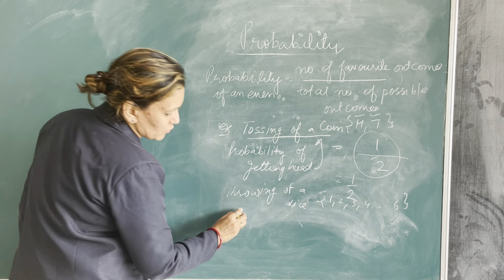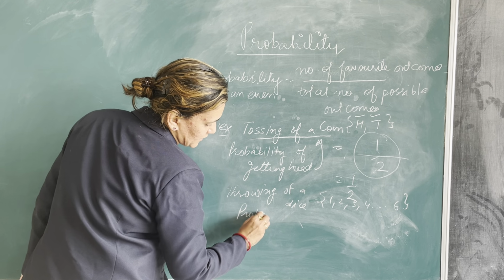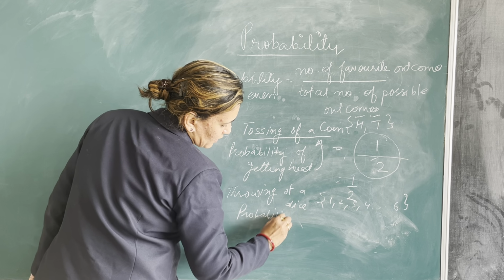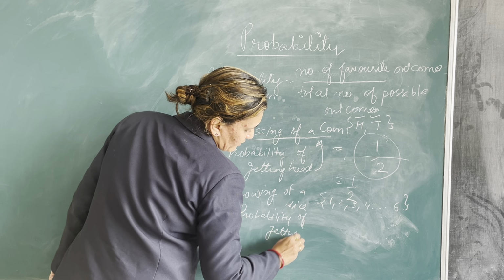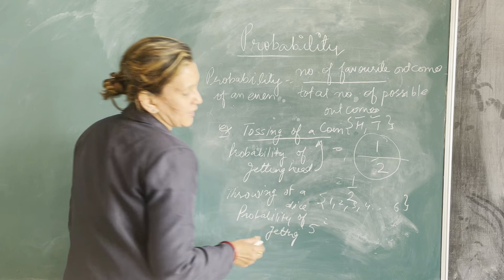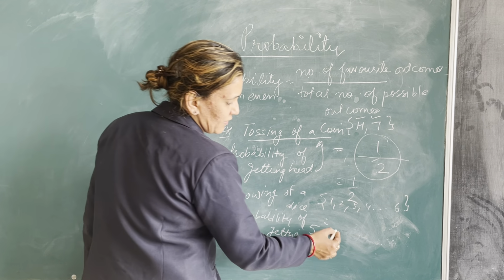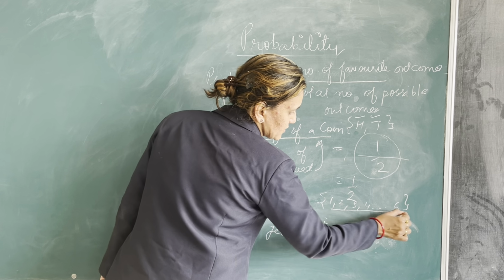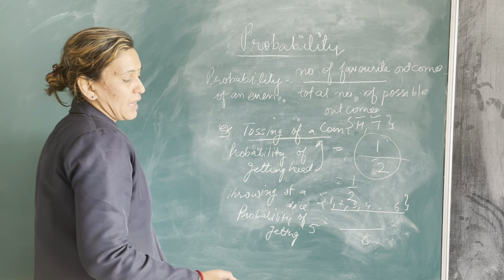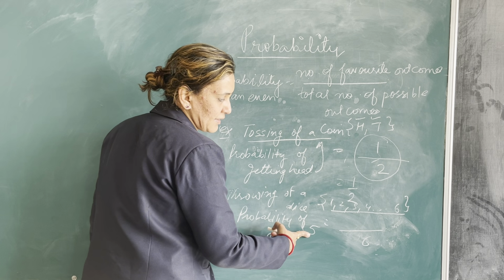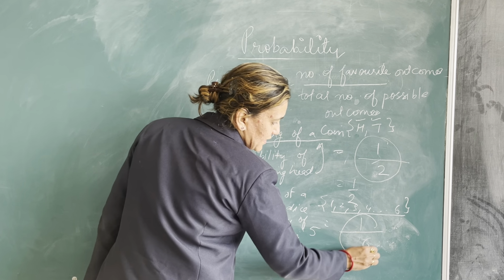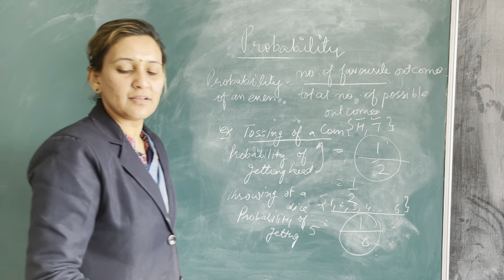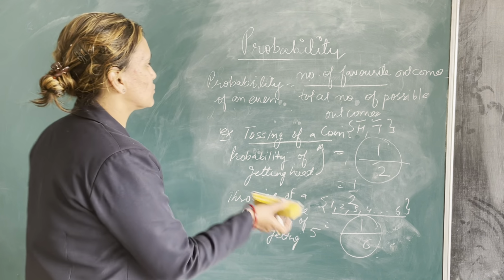Now if I want to find the probability of getting 5, what is the probability that I should get 5 here? The total outcomes are 6. And what is the chance that 5 can come? There is only one chance, right? So the probability of getting 5 is 1 by 6. I hope it is clear to you.